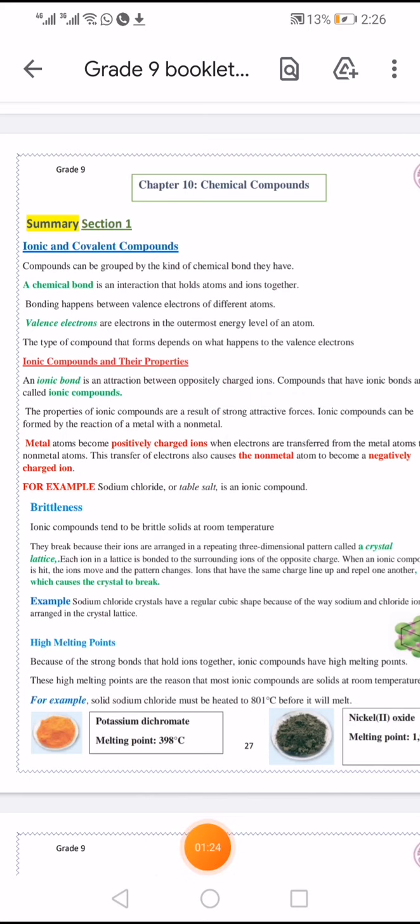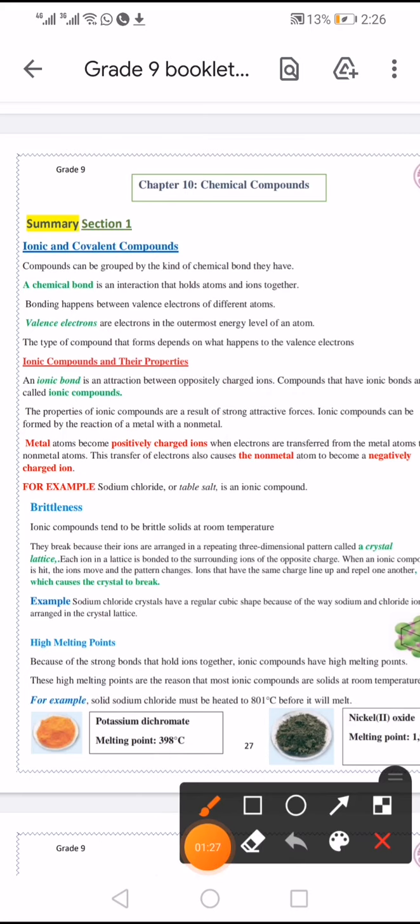An ionic bond is an interaction between oppositely charged ions. So what's meant by ionic bond? Attraction between oppositely charged ions, between positive and negative. Or a bond formed by transfer of electrons between metals and non-metals.